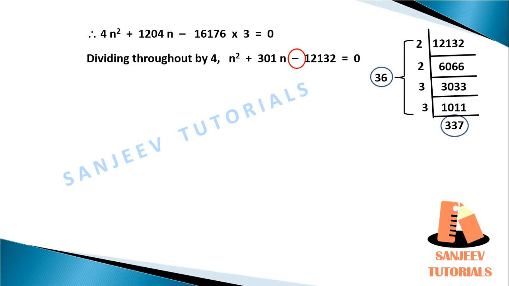So you will note here 337 and 36, when you subtract them, you get 301. So my factors are 337 and 36. So this quadratic equation can be further simplified as n square plus 337n minus 36n minus 12,132 equal to 0.